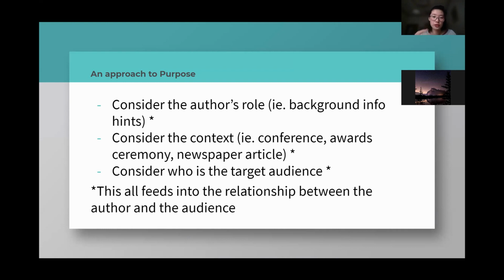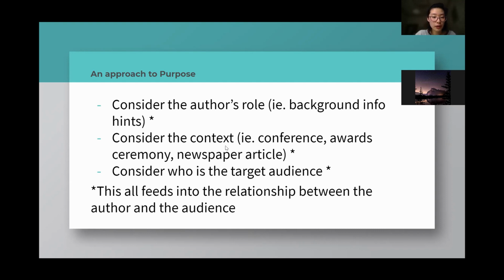So some ways that you can do this is you can firstly consider the role. So in the background information, that little box at the front of section C, there might be an existing role of the author that says this author is the CEO of a company, for example. And then secondly, you can consider the context.